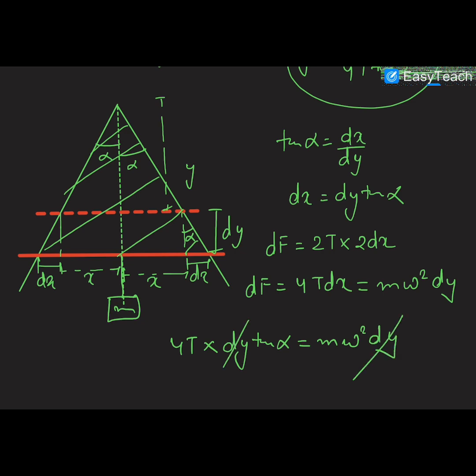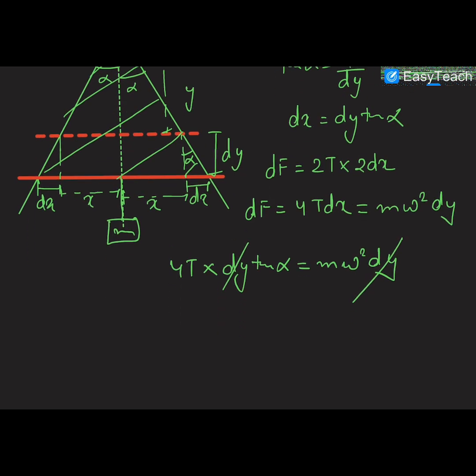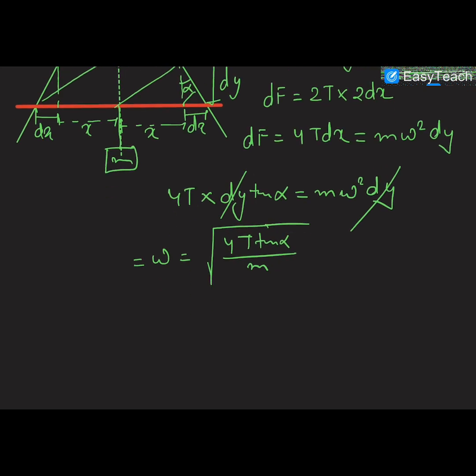So cancelling dy and dy, we can say that omega will be equal to under root of 4T tan alpha divided by m, and omega is 2 pi by T. So T will be equal to 2 pi under root of m by 4T tan alpha.